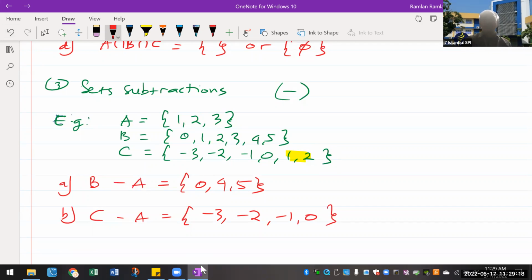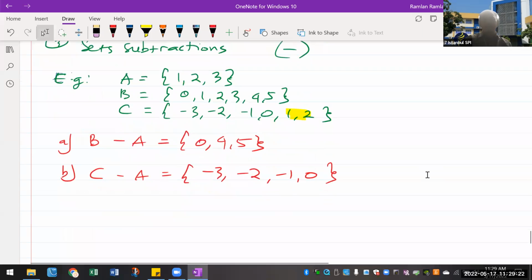Now another example, question C, is B minus C. Again, I'll repeat. The first thing you need to do is to find elements that are the same from B and C, because this is B minus C. The elements that are the same in B and C are 0, 1, and 2.